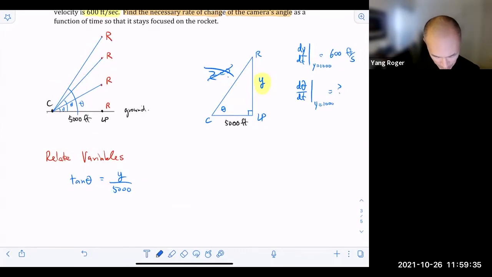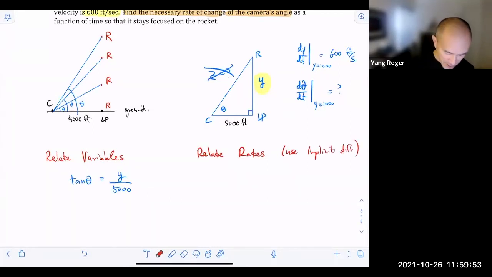Okay, next you want to relate the rates. I'm going to use implicit differentiation. Chain rule, same thing, right? What's the derivative of the left-hand side here?